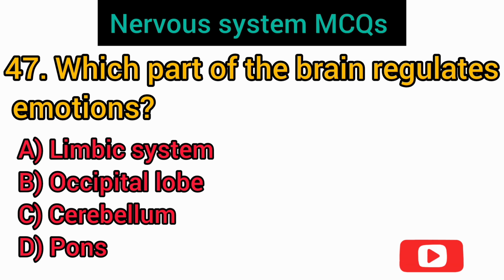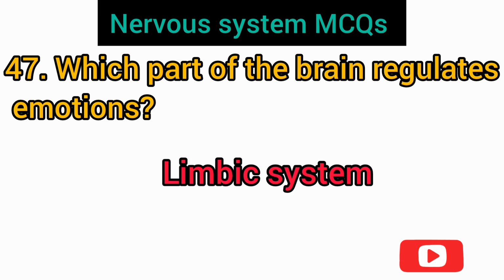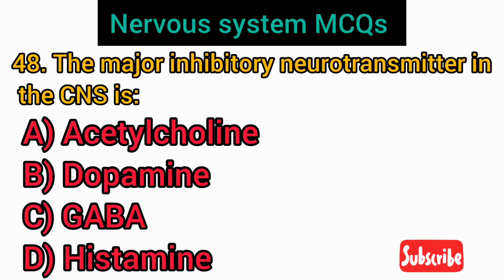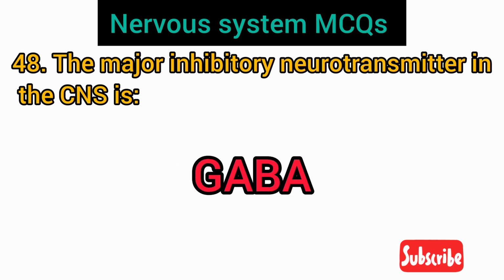Which part of the brain regulates emotions? Limbic system. The major inhibitory neurotransmitter in the CNS is GABA.